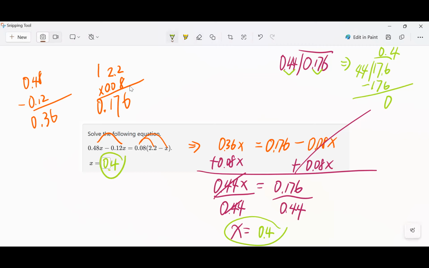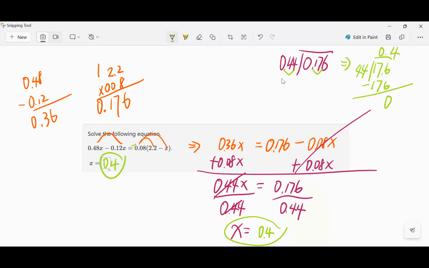All right. Any question about this? Yes, Maya. How come it didn't turn positive inside the parentheses if 0.08 is positive? I thought you said it's going to turn whatever the number is outside, whether it's negative or positive. No, only if it's minus.